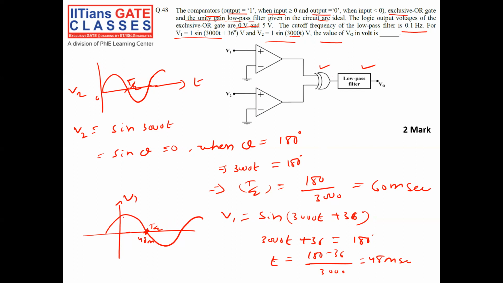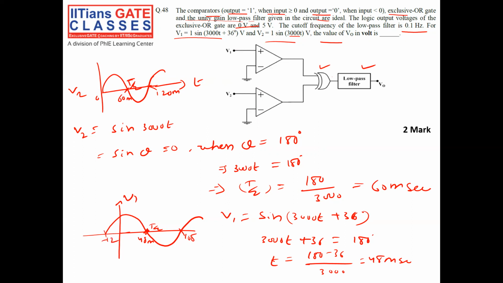So here it will become 48 millisecond, right? Here it is 60 milli, and here it is 120 milli, right? So 48 plus 60 will be equal to 108, right? Here 48 minus 60 is minus 12, right?